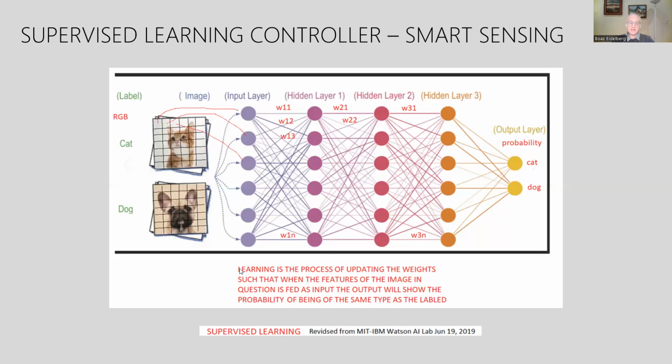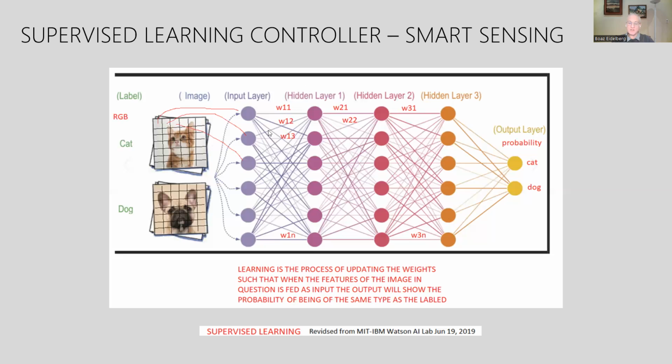And the summary is that the learning is the process of updating the weight, these parameters, such that when the features of the image in question are fed as an input, the output will show the probability of being the same type as the label.